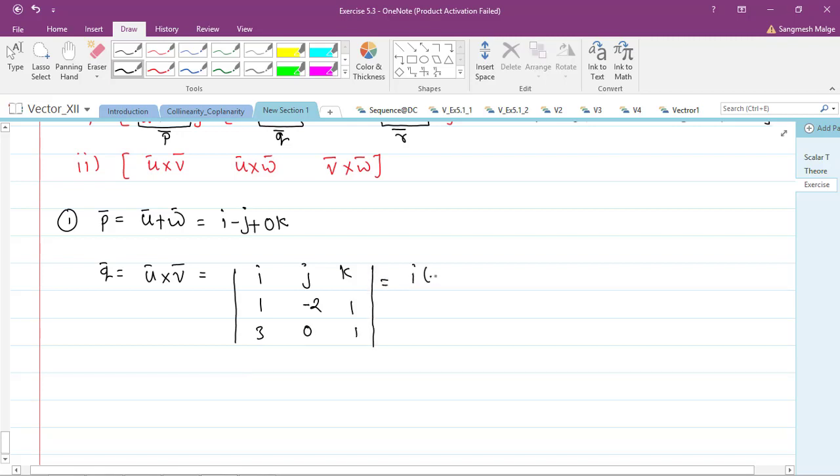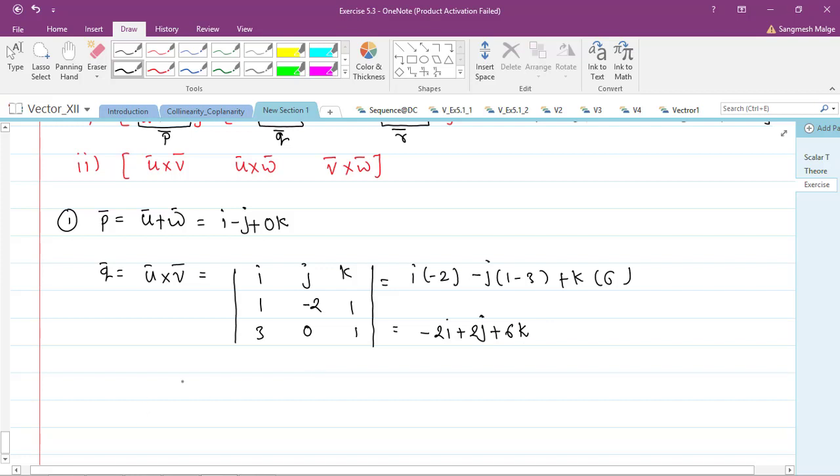This is i into minus 2, minus j into 1 minus 3, and plus k into 0 plus 6. So this is equal to minus 2i, minus j into minus 2, which is plus 2j, and plus 6k. Okay, so this is my q bar.